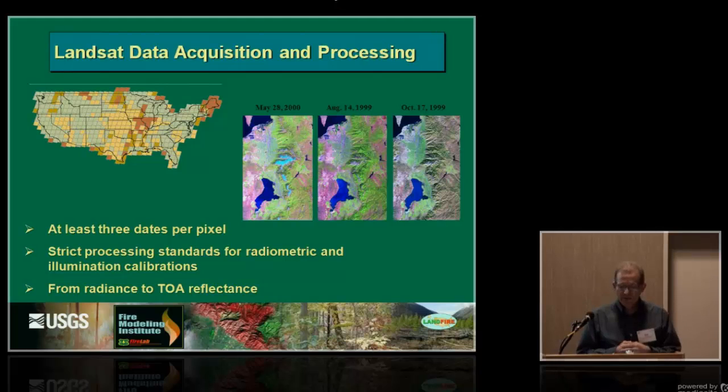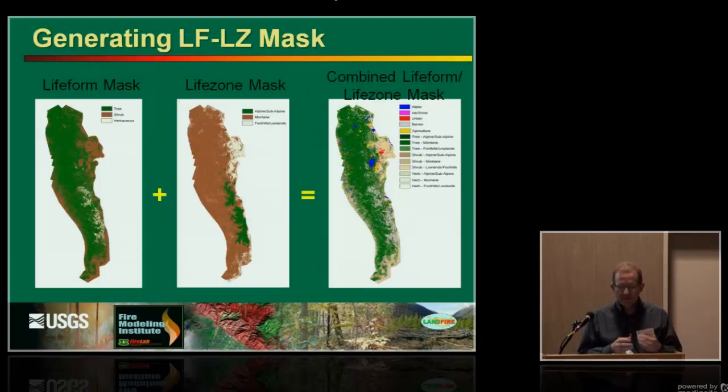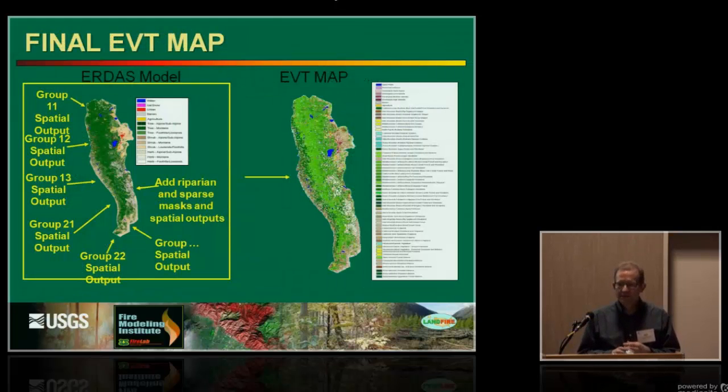This tracks the process very quickly. That generated a life form mask and then a life zone mask, intersected those two, and then within each of those groups we actually model the final EVT. And this is one map zone here.